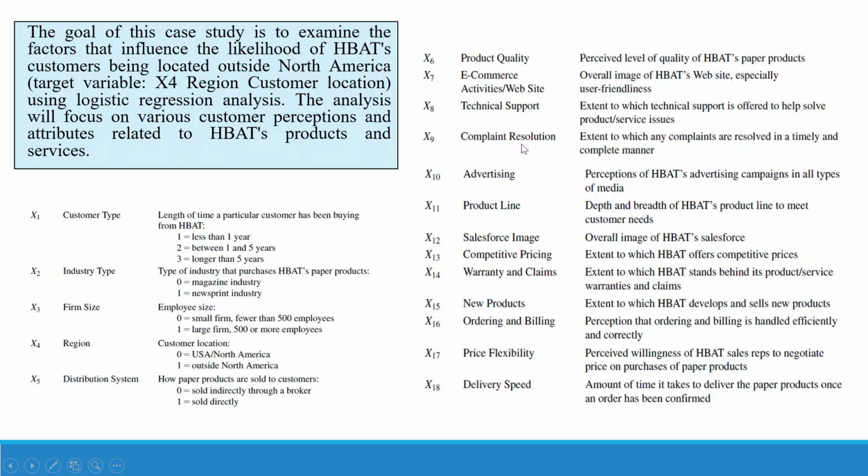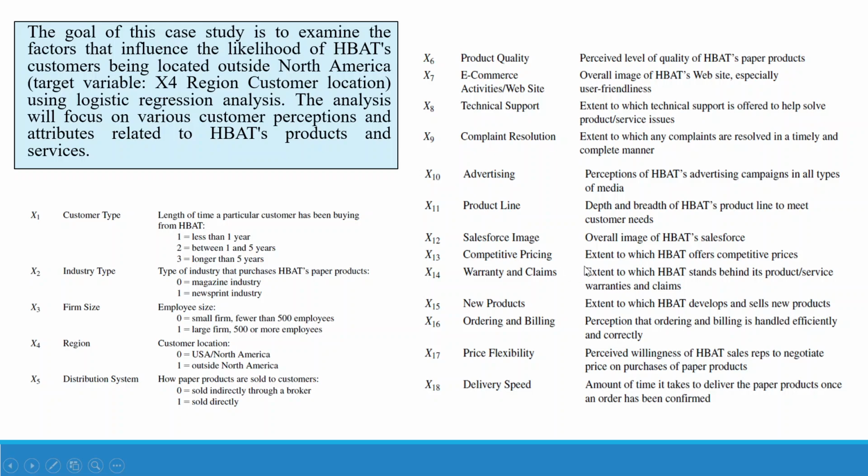X9, complaint resolution: extent to which any complaints are resolved in a timely and complete manner. X10, advertising: perceptions of HBAT's advertising campaigns in all types of media. X11, product line: depth and breadth of HBAT's product line to meet customer needs. X12, sales force image: overall image of HBAT's sales force.